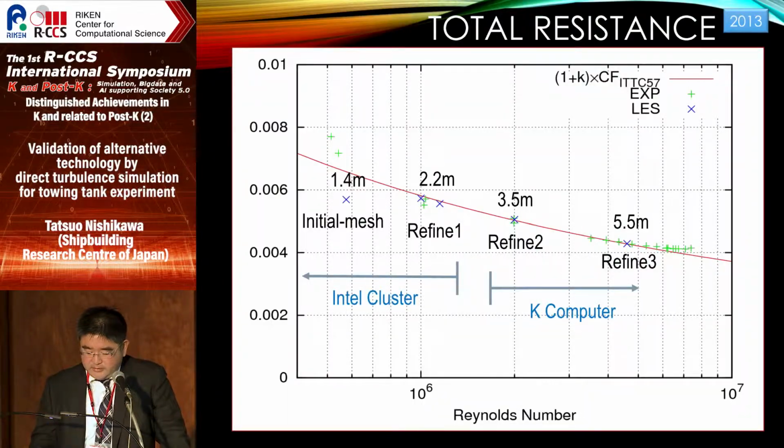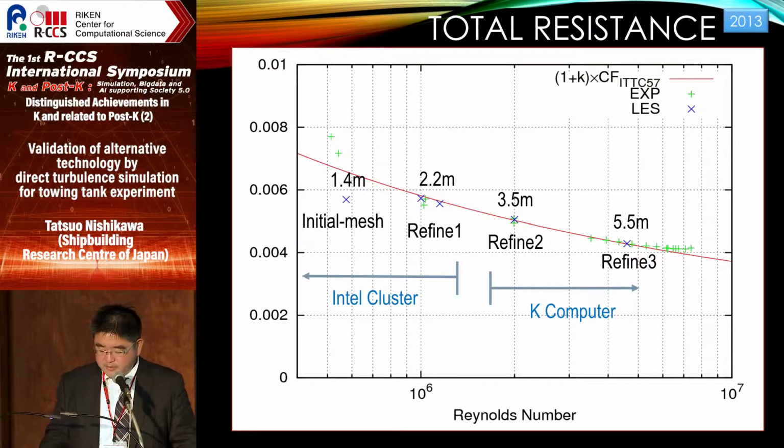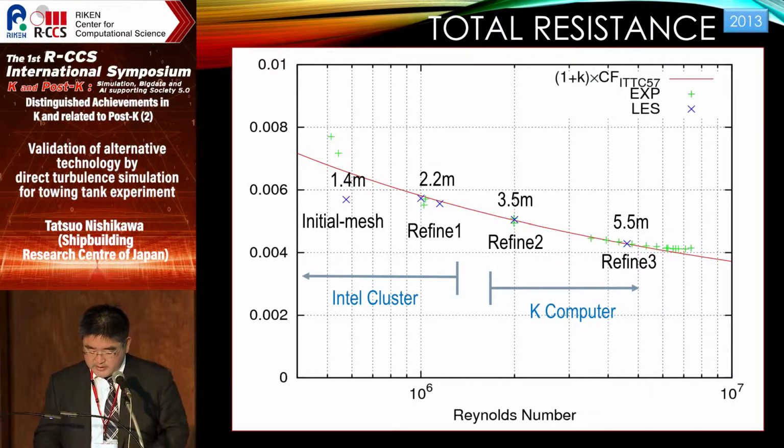As a result of computation, the total resistance is compared between our experiment and simulation. The green marks indicate our experiment, the red line indicates the correlation line, and the blue marks are the computational result.